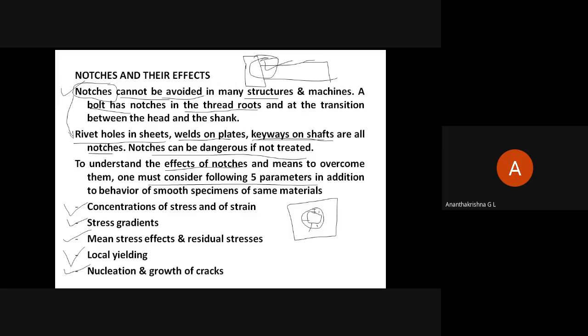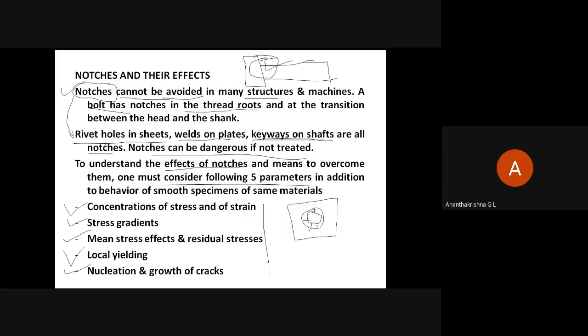Notches are inevitable, but these notches are also dangerous if not treated. So to understand the effects of notches and to overcome them, we need to understand the five parameters.